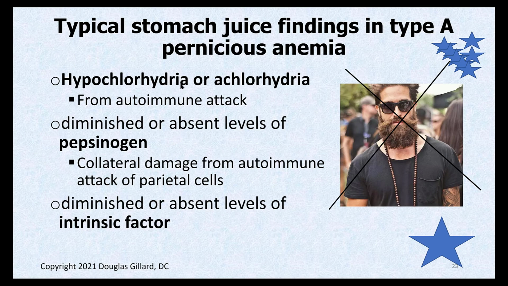That's called hypochlorhydria. The chief cells are also involved, so they're going to have absent or low levels of pepsinogen, and they're going to have no intrinsic factor. So you can stick a tube down their nose into their stomach. You can sample their stomach juices and you can tell. There's another way you can tell they have this condition.